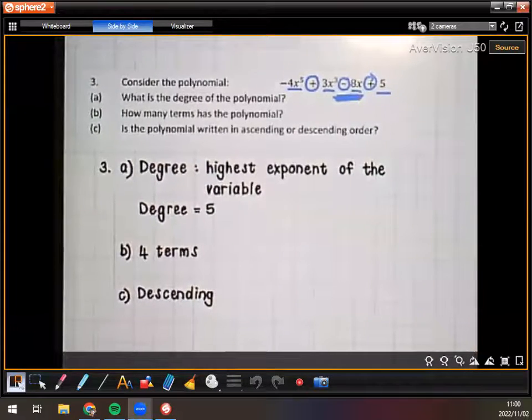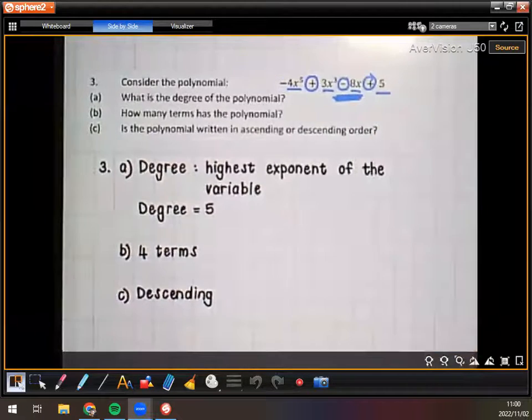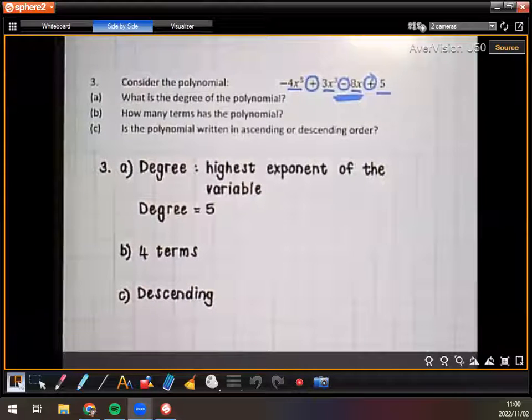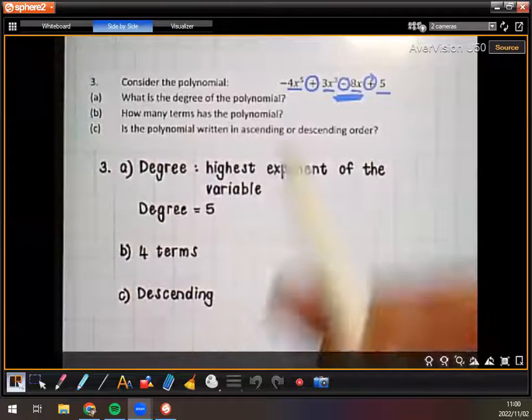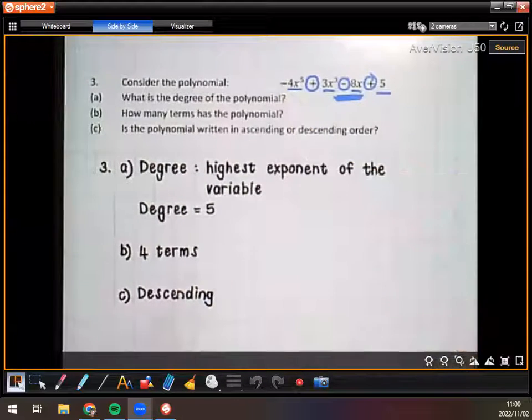Okay, you always have to take the sign with it. Even though we're circling the signs to say, okay, this is separating, the sign goes with that term. Okay, that's very important. Unless you're counting the sign in front of the first one. But yeah, we'll do one.